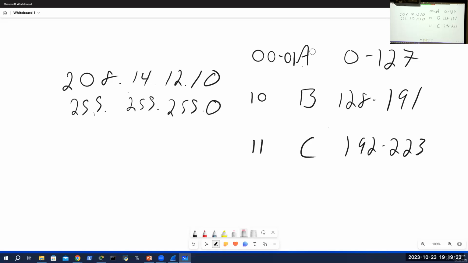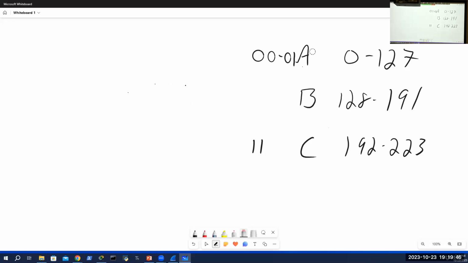You know, a multicast address is a valid address, but not to assign to an individual machine. So it's got to be in the range 1 to 223.